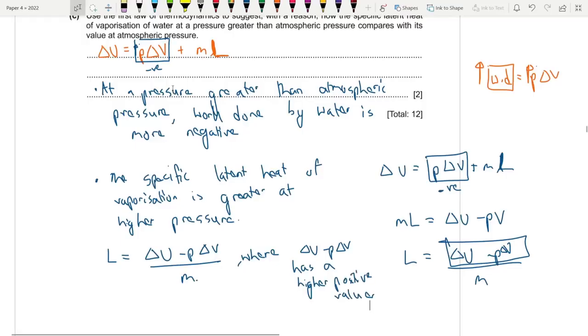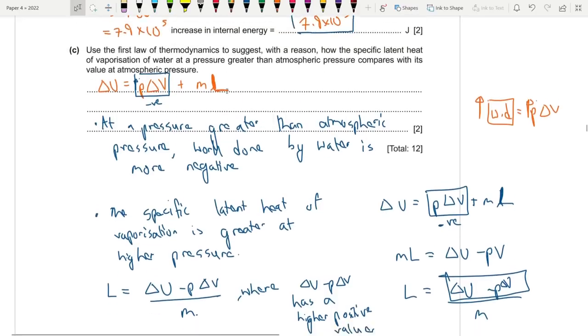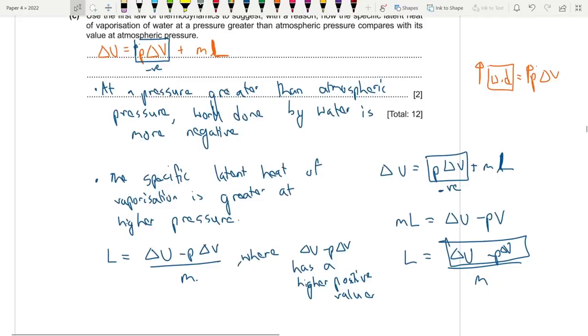Or you can just say that mL has a higher value because we stated that the work done by water is more negative. So there is already a minus sign before P del V, so the value becomes more positive as a whole. So del U minus P del V is a higher positive value. Okay, so that's that. This was a bit tricky, right?